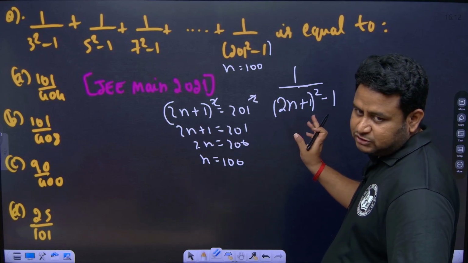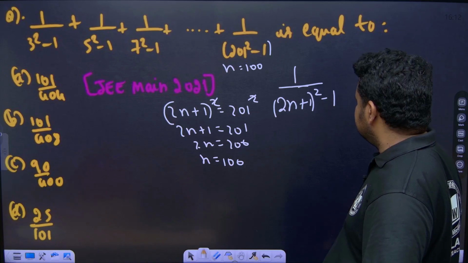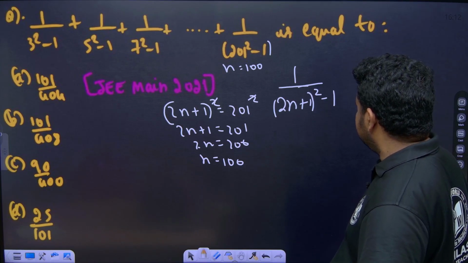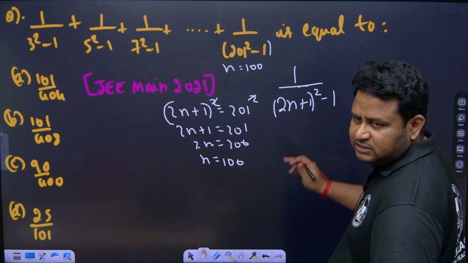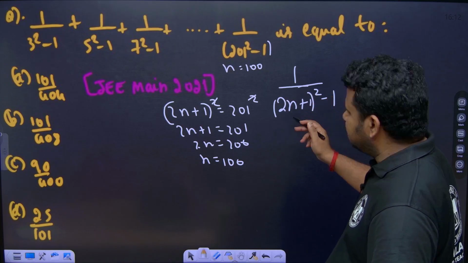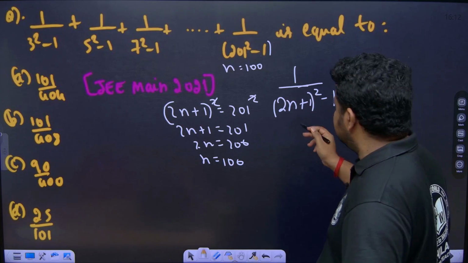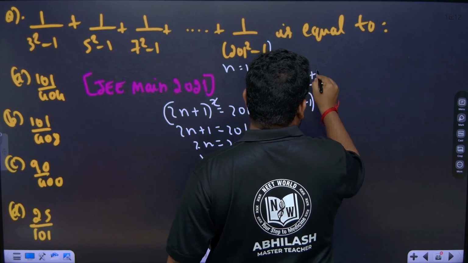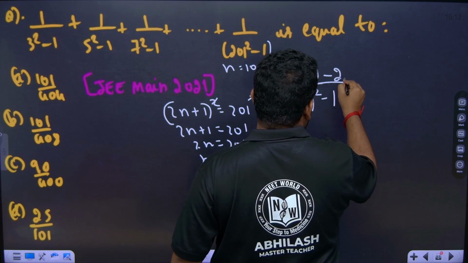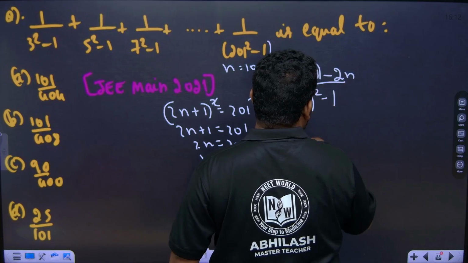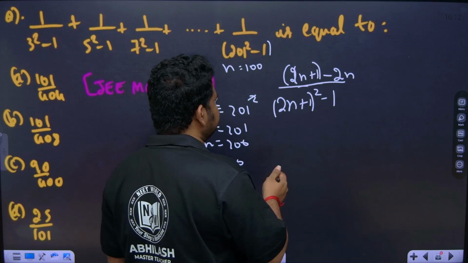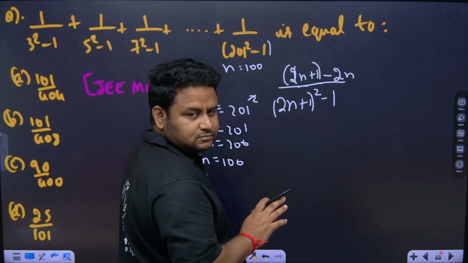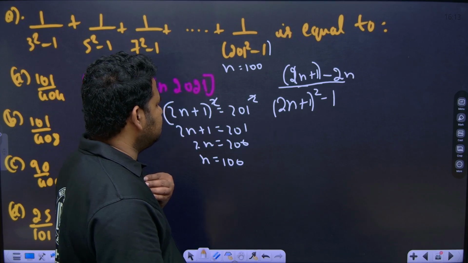Here also we should write, otherwise you won't get the answer. So this can be written as 2n plus 1 minus 2n. But we cannot cancel. Okay, let it be like this. 2n plus 1 minus 2n.